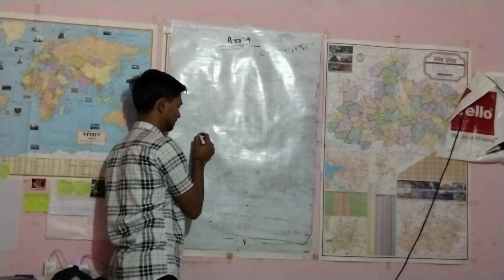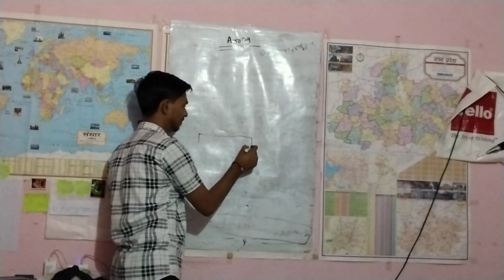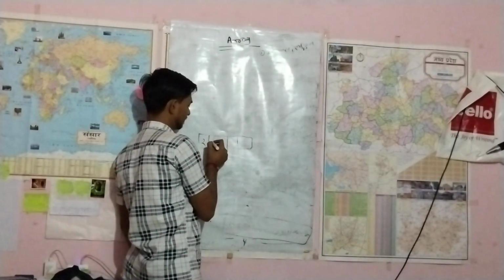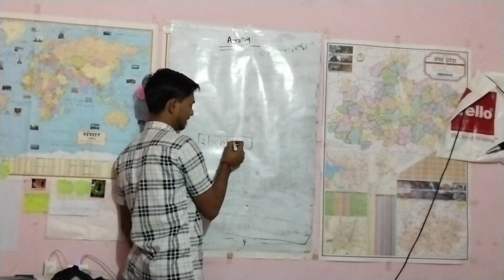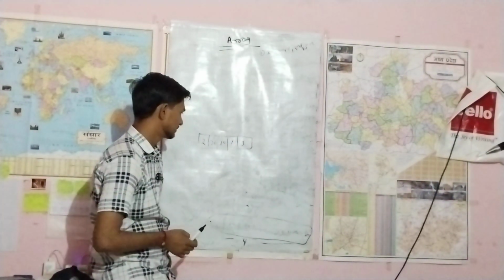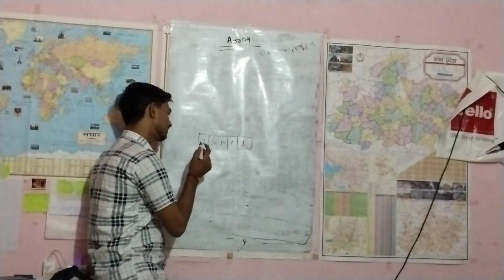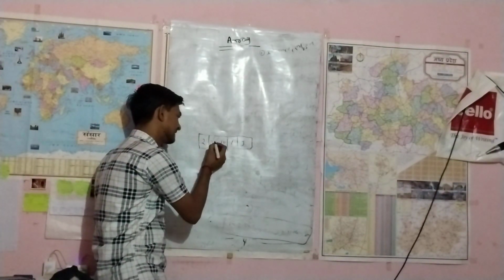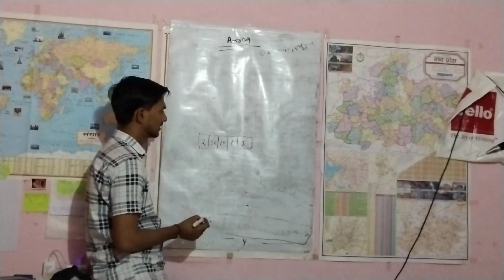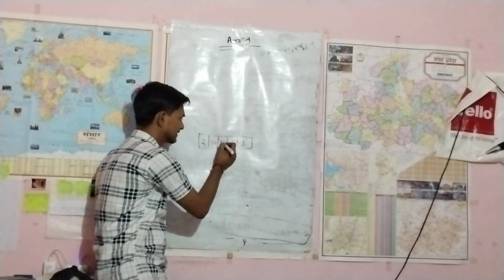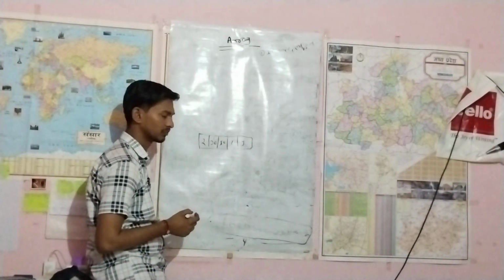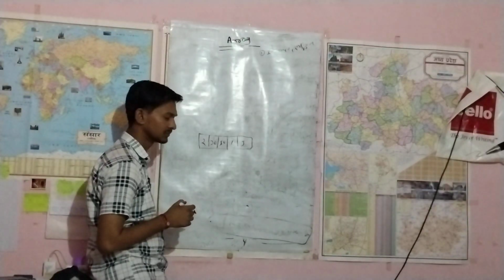So suppose that you are given this array: 5, 20, 10, 7, 9, and someone said that you have to find the greatest element. Greatest means the largest element in this array, the biggest element in this array.